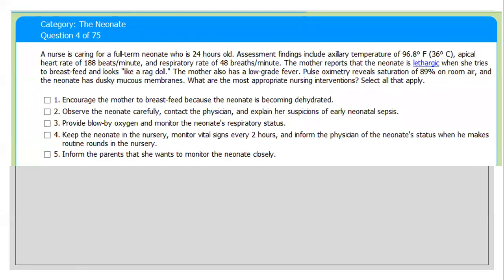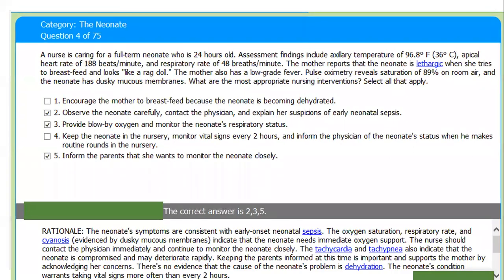The correct answers are number two, observe the neonate carefully, contact the physician, explain her suspicion of early neonatal sepsis. Number three, provide blow-by oxygen and monitor the neonate's respiratory status.